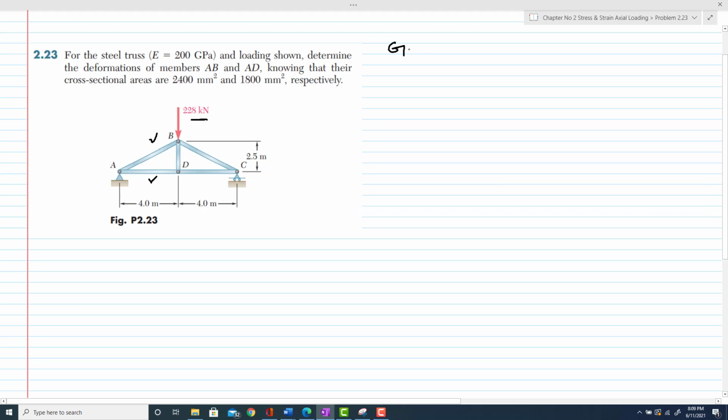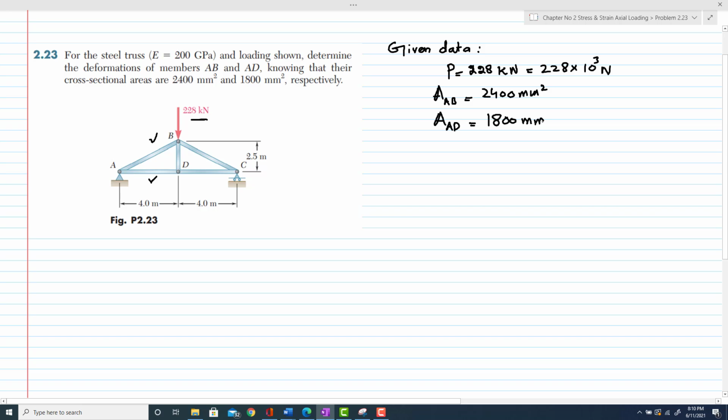So let's start with the given data. The load is given as 228 kilonewton, that is 228 into 10 raised to power 3 Newton. We have the area of AB equal to 2400 millimeter square and the area of AD equal to 1800 square millimeter.